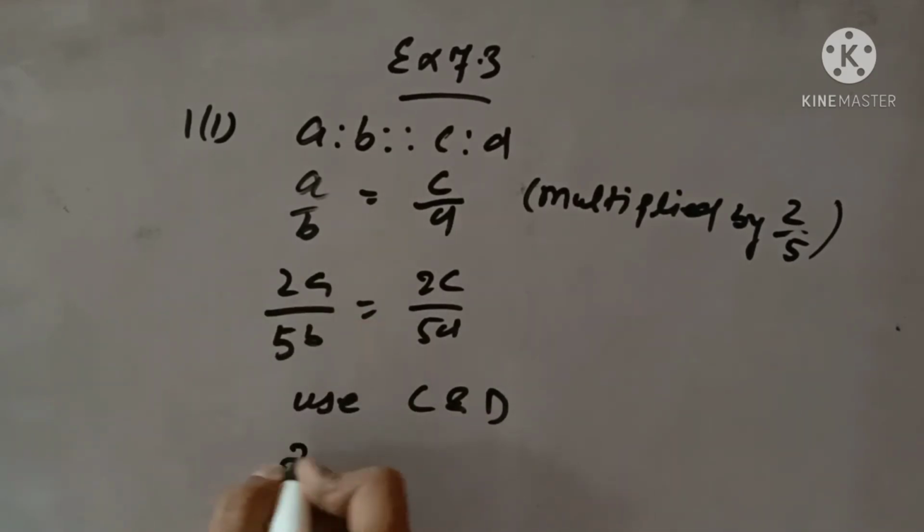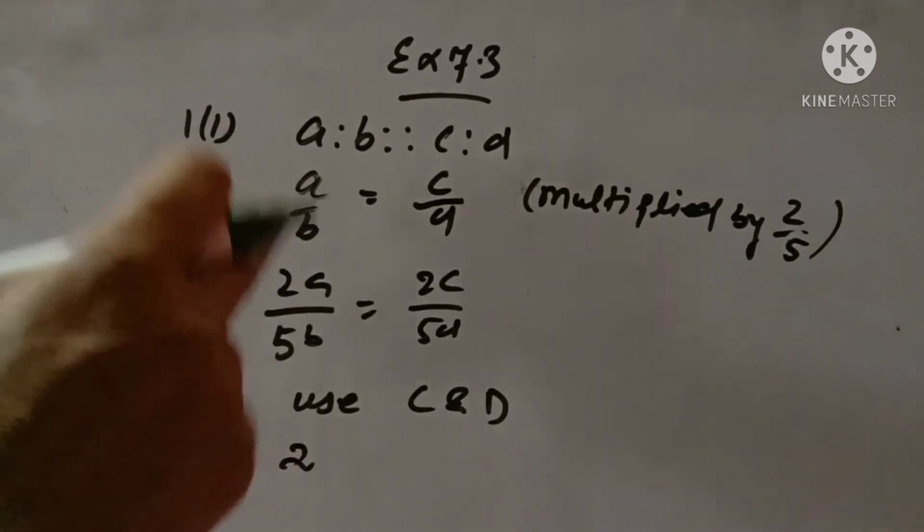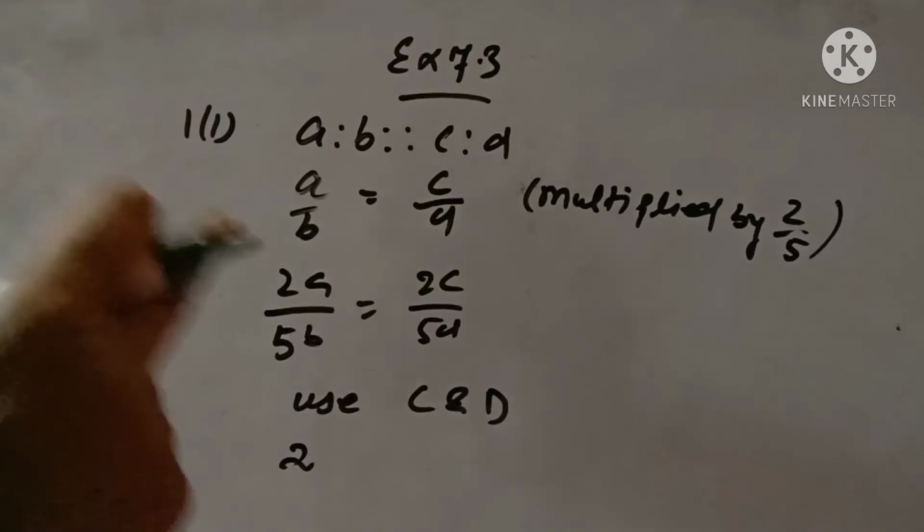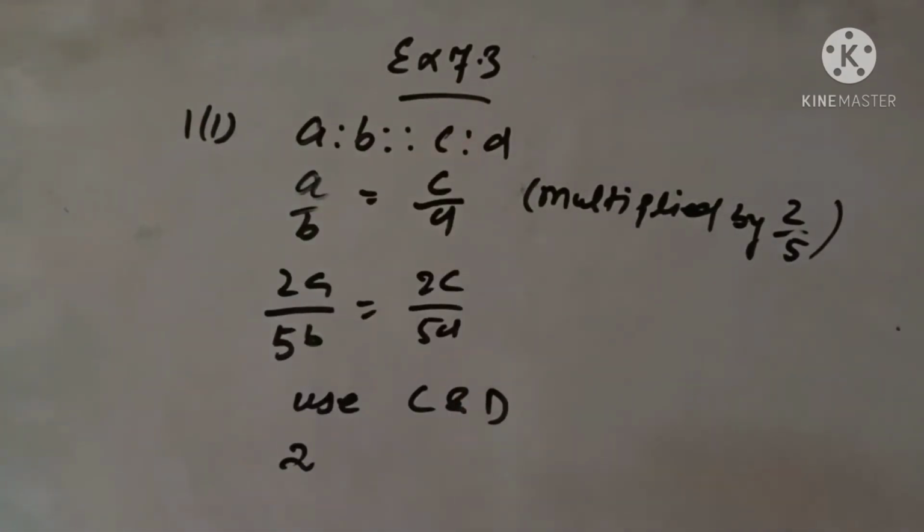As we know, if A ratio B is in proportion to C ratio D, we can write a plus b by a minus b is equal to c plus d by c minus d.